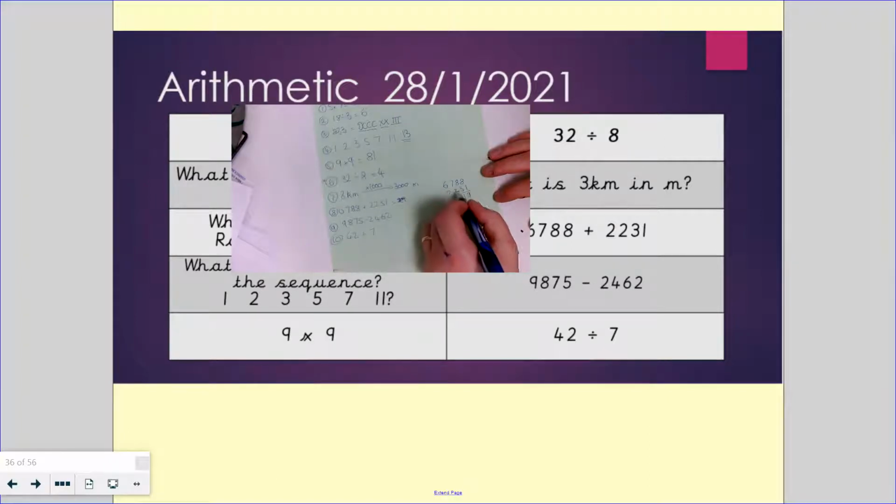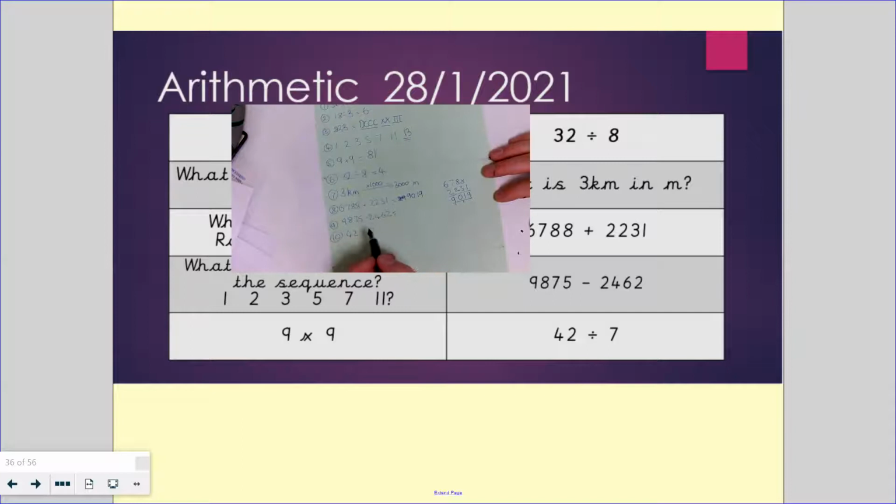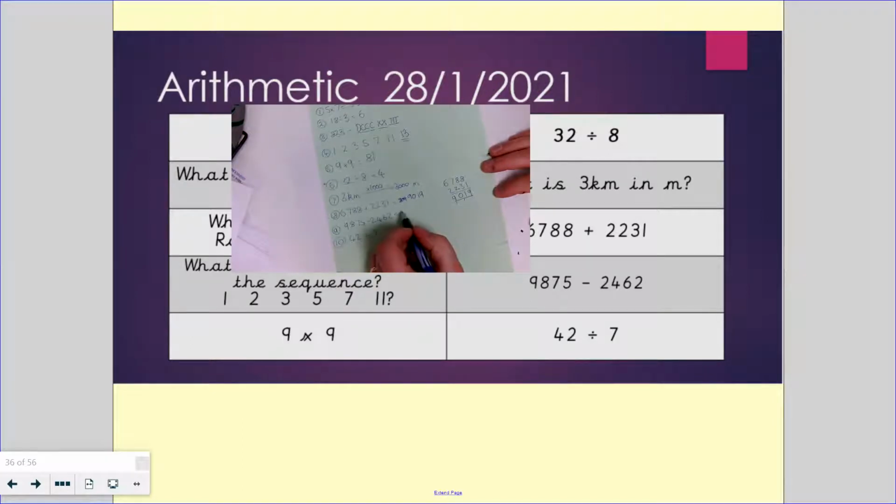Then I have to exchange 10 tens for 100. 7 plus 2 is 9. I then have to add that on, so that becomes a 10. And then 6 plus 2 is 8, add that 1 is 9. So we should have 9,019.